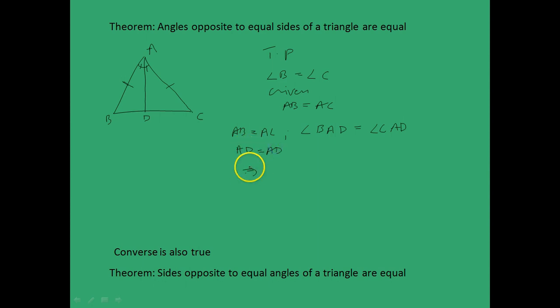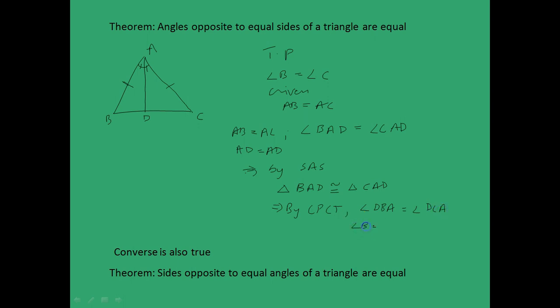This implies by SAS triangle BAD is congruent to triangle CAD. This implies by CPCT, that is corresponding parts of congruent triangles, angle DBA is equal to angle DCA.